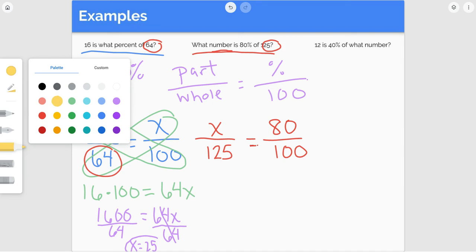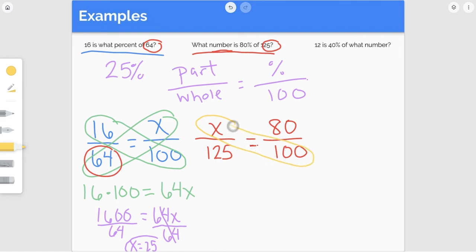So now I'm going to go ahead and use those cross products. X times 100, or 100x, and 80 times 125. And again, you can use a calculator if you would like to go ahead and multiply these, make your life a little easier.